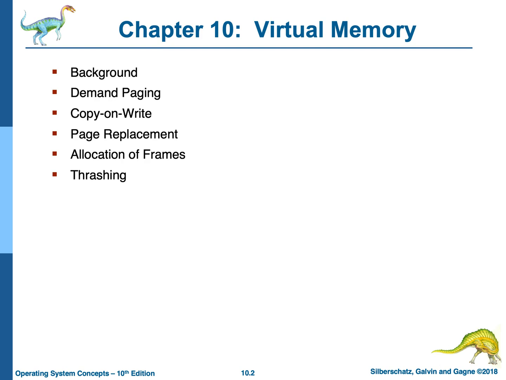The replacement between secondary memory and main memory is achieved by swapping, so we will see how swapping works in page replacement.